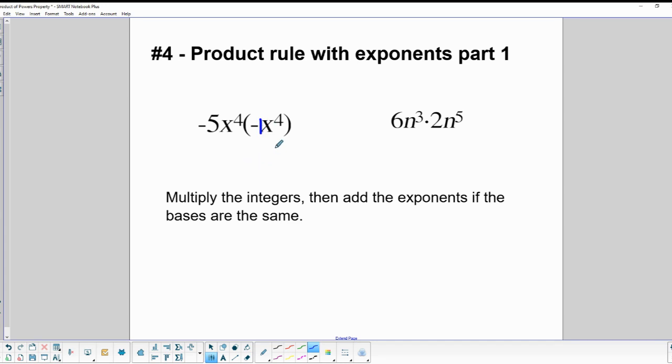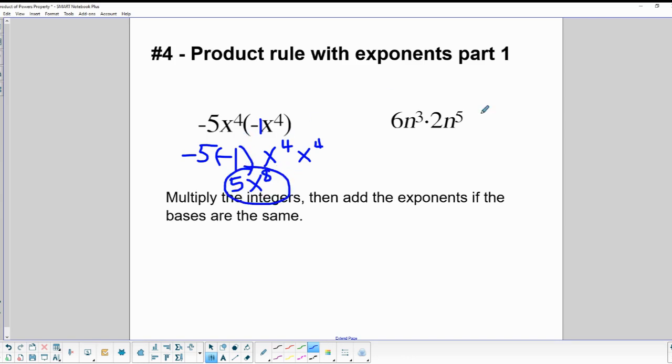So what we want to do is combine the stuff that's alike, because we're multiplying all of this together, and multiplication is commutative, meaning you can rearrange the order in which everything appears if it's going to help you out in solving the problem. So I put the integers together, and now I'm putting the exponents together, still multiplying all 4 things. So negative 5 times negative 1 is 5, and x to the fourth times x to the fourth would be x to the 8th power.